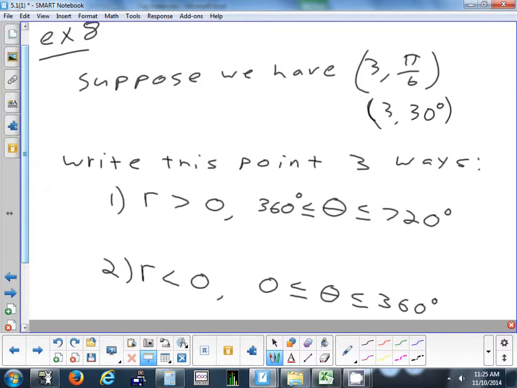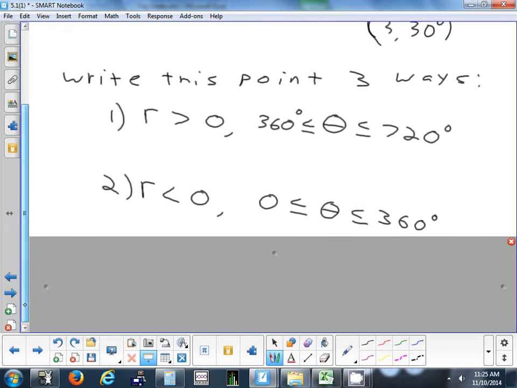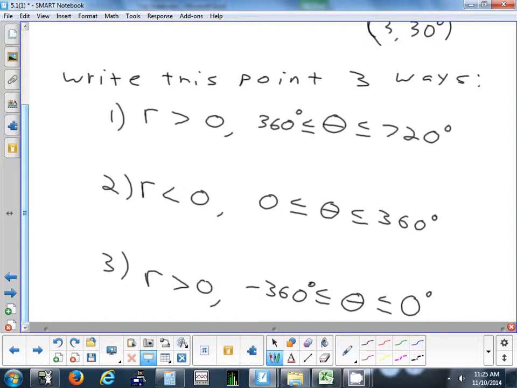And I want to pick an angle between 0 and 360. And the third way, we're going to go back and do a positive radius one more time. Except now I want a negative angle. So that's going to switch the direction. Okay, in the last case, you're going to be moving clockwise. In the other two, you're going counterclockwise.